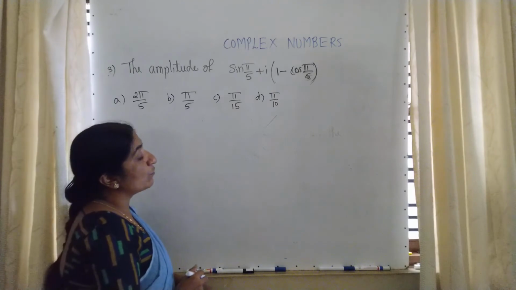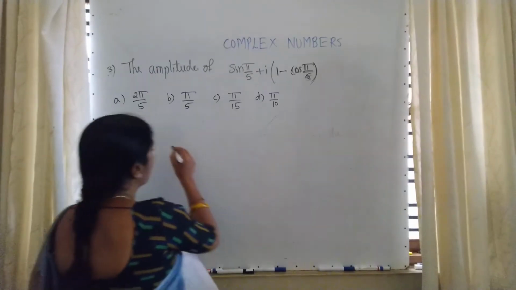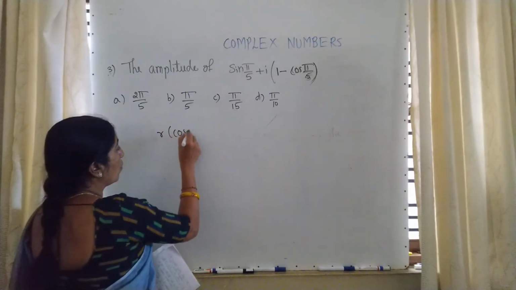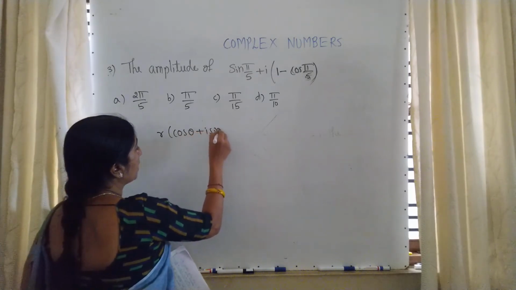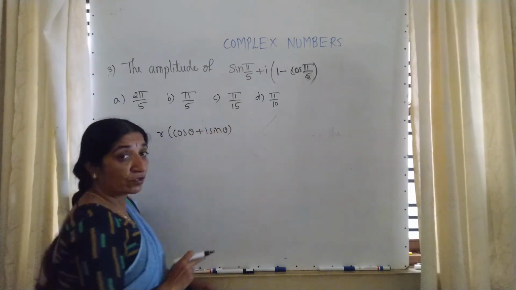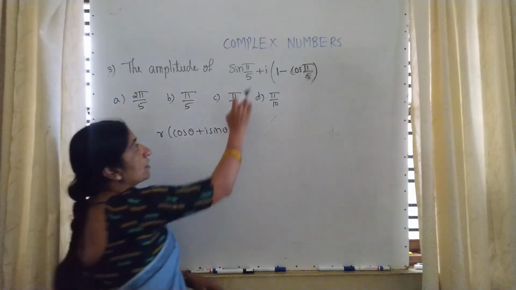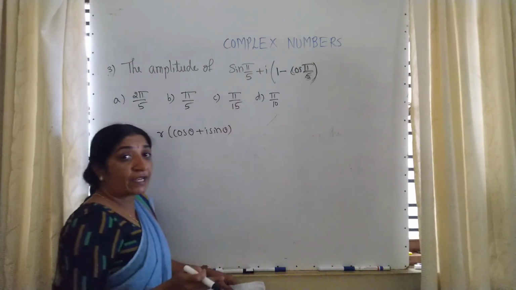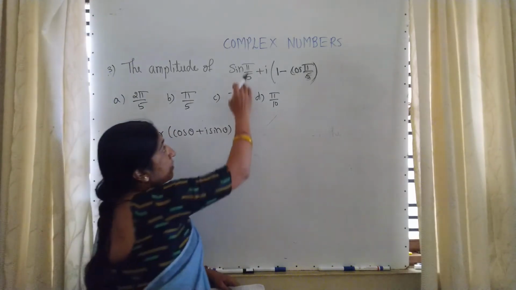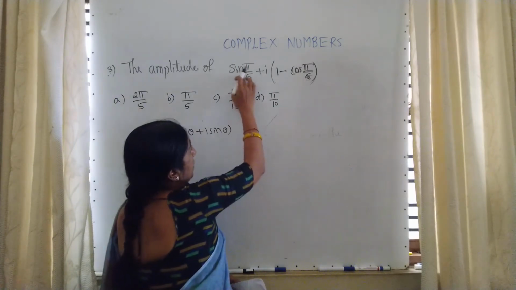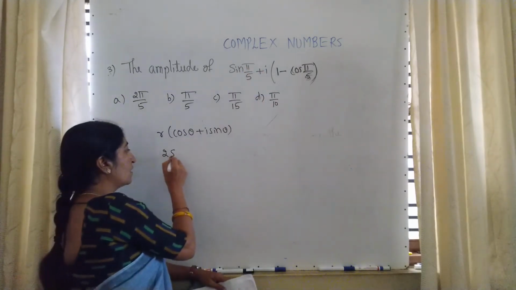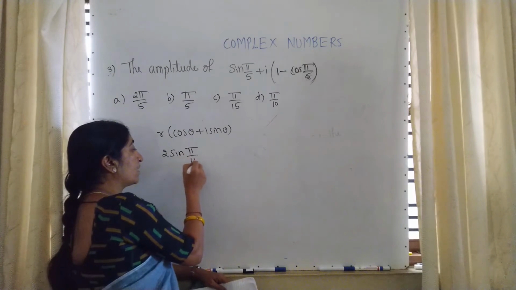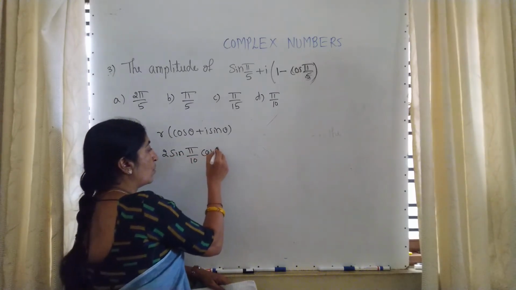When you are writing the amplitude, the problem should be in the form of r (cos theta plus i sin theta). The first should be cos, then sin, but here it is reversed. Are you familiar with allied angles, multiples, submultiples? I am using multiples and submultiples. Sin pi by 5 I am writing as 2 sin pi by 10 cos pi by 10.